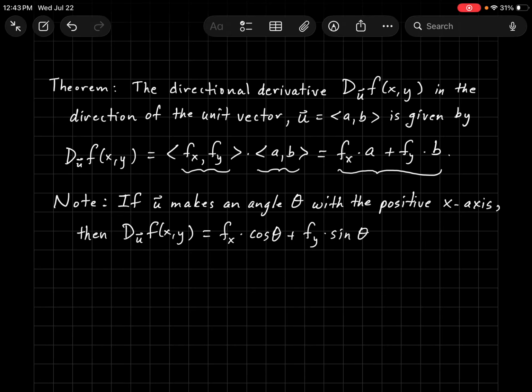Now, if u makes an angle theta with the positive x-axis in the xy plane, then we end up with u being the vector cosine theta, sine theta, and our directional derivative is partial of f with respect to x times cosine plus the partial of f with respect to y times the sine.